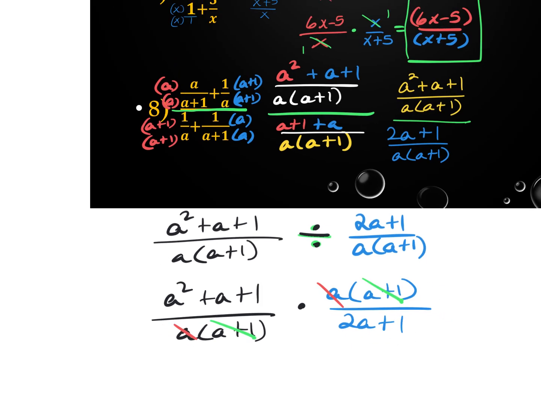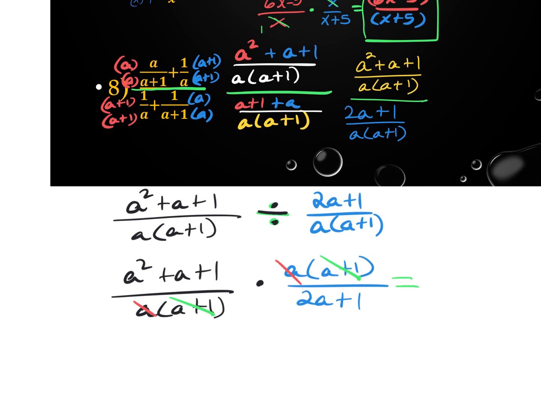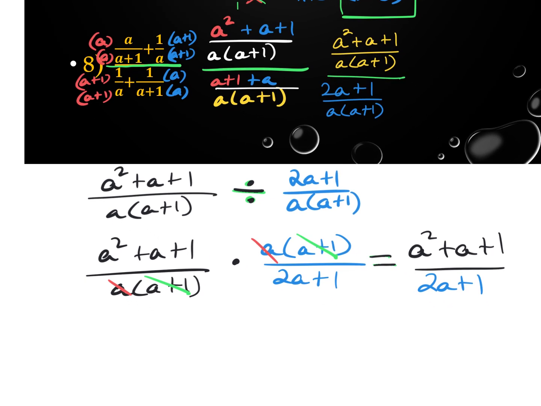And now nothing else simplifies. I can't factor that trinomial. So there are no factors of 1 that would give me 1a. So my final answer here is going to be a squared plus a plus 1 over the 2a plus 1. Nothing cancels. I'm done.